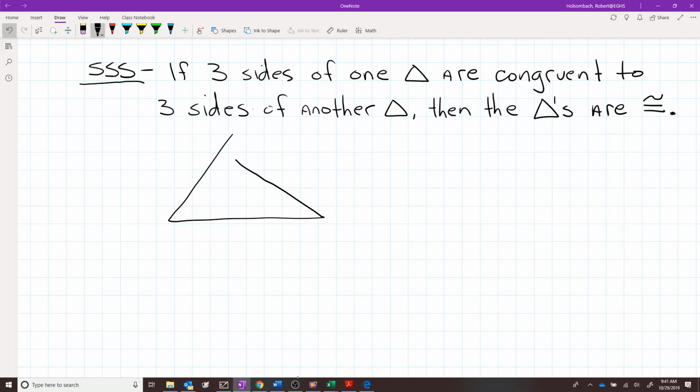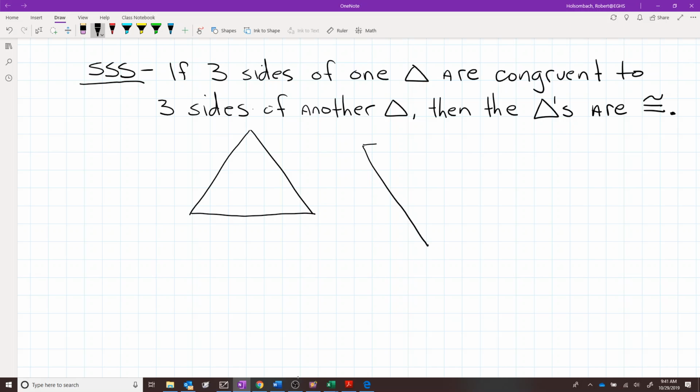If you're given a couple of triangles, we'll call the one on the left MNO and the one on the right XYZ. And then let's add this information.